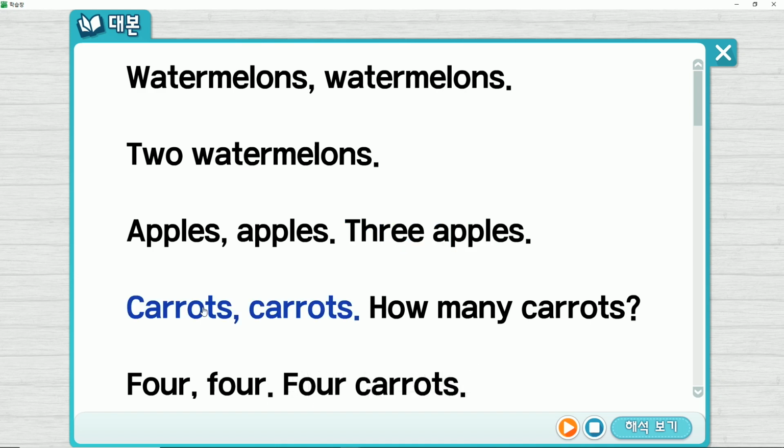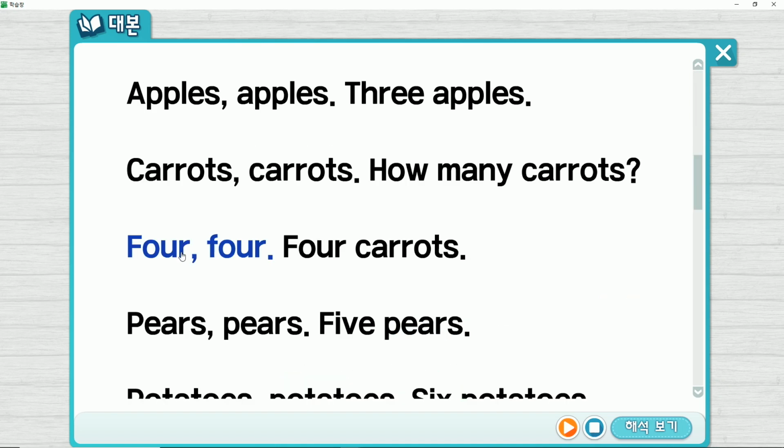Carrot. How many carrots? Four. 4 carrots.